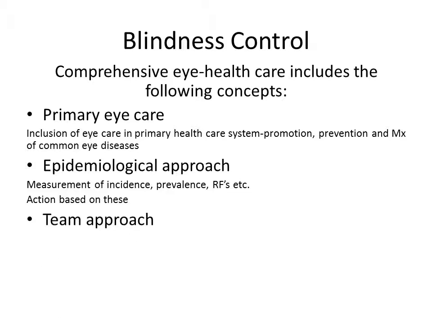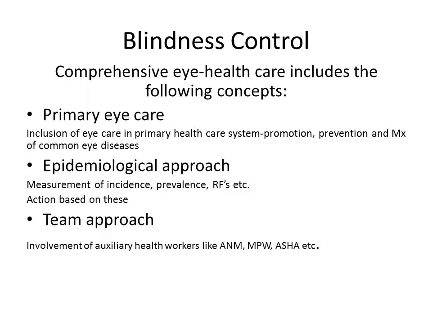Team approach, that is, it's not just the ophthalmologist who will treat the blind, it will never lead to control. Involvement of auxiliary health workers like ANMs, multipurpose workers, ASHAs, who are really instrumental in giving the primary eye care, have a lot of role in prevention of blindness.